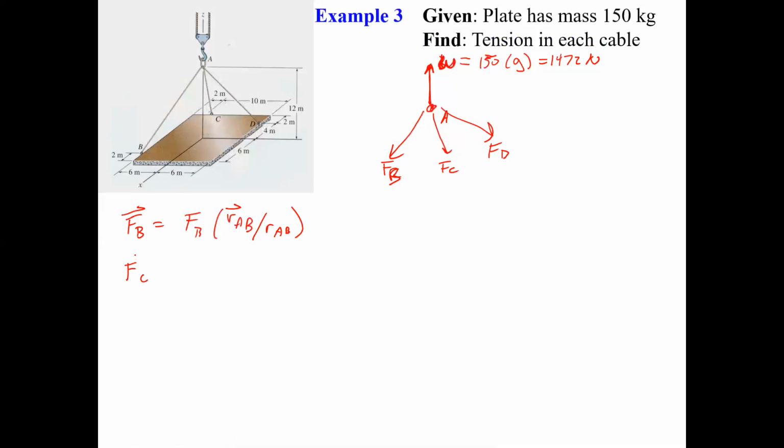And the same thing for FC, and the same thing for FD, right? We can work all those unit vectors out, but the point is these three unknowns are going to be scattered between all of those vectors, and we're going to end up getting three equations and three unknowns from that.